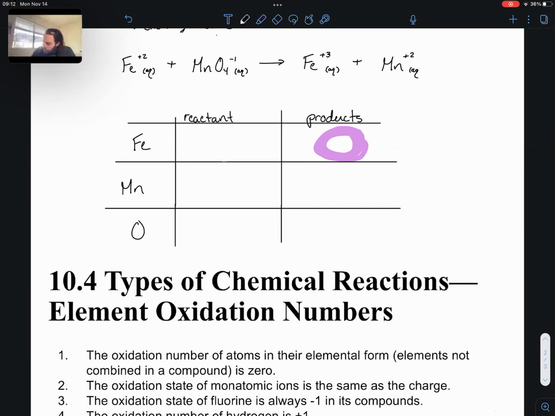All right. So indeed, because this is just monatomic ions on either side, its oxidation number is going to be +2 on the reactant side and +3 on the product side.